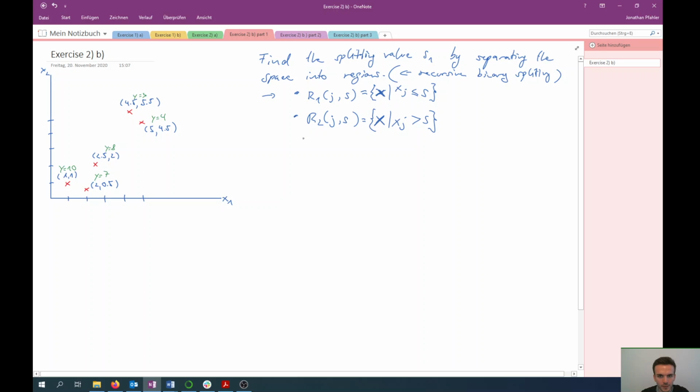Okay, and how should we split this? We should split this such that our criterion is fulfilled, and this one you know from the lecture.